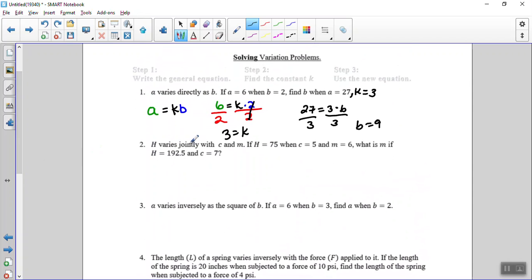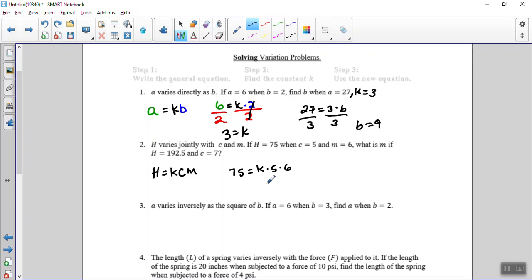It says H varies jointly with C and M. So H equals K times C times M. If H is equal to 75, I don't know what K is yet, and C is equal to 5, and M is equal to 6.